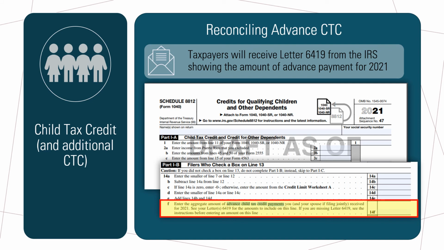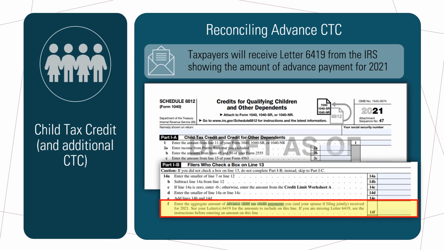They might be due a little bit more, or if they've received too much, they might have to pay some back. But it's important to note that for a lot of our taxpayers, they're going to be able to be exempt from having to pay back if they have a low enough income.